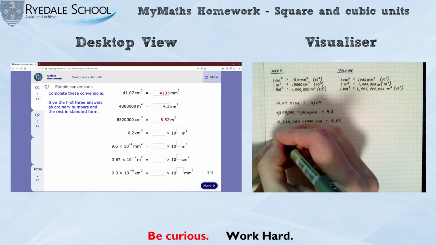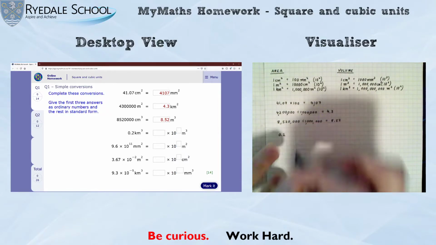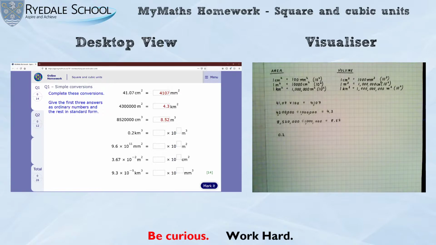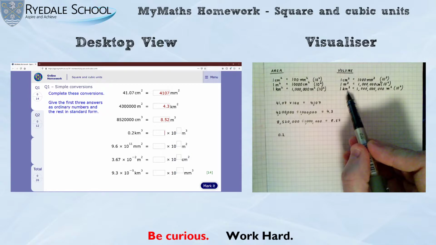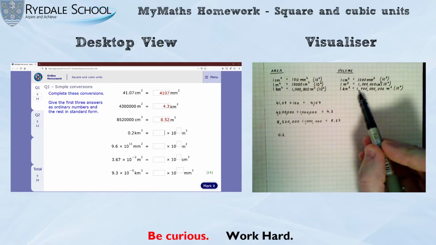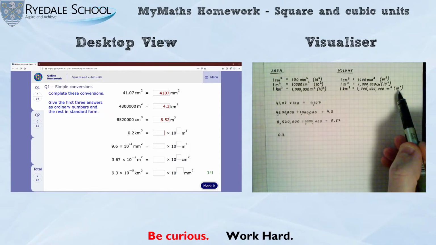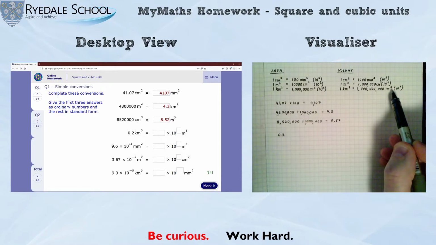So the next one that I've got is 0.2 kilometres cubed, and I am writing it in metres cubed in standard form. So I know that 1 kilometre cubed is 1,000,000,000 or 10 to the power of 9 metres cubed.